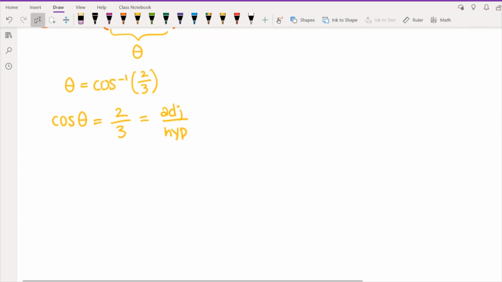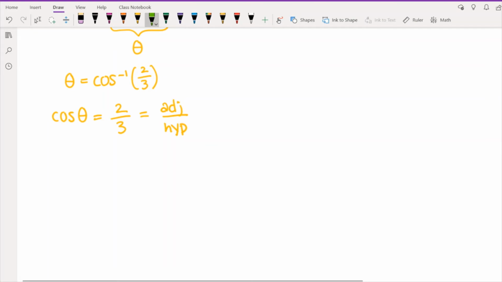So what that tells us is we can draw a right triangle, and we can put that angle theta in our right triangle. And that tells us that the adjacent side should have a length of 2, and the hypotenuse should have a length of 3.